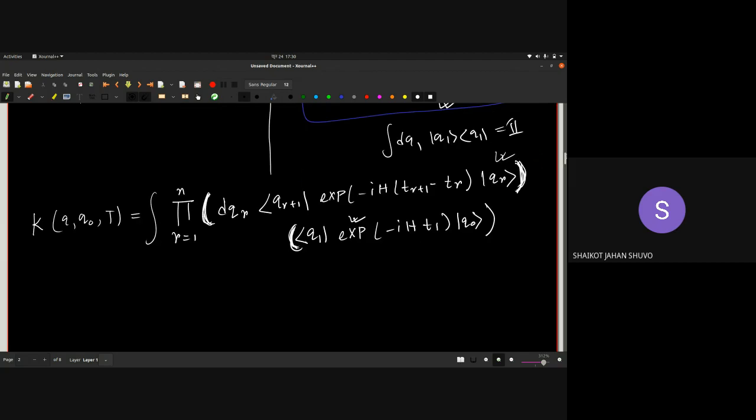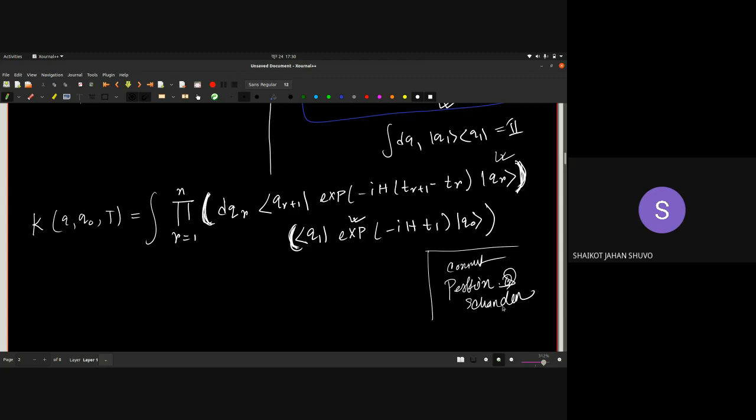Okay, so moving on. Now there is one thing. For our case, we are going to take the difference between these time intervals for all the r's to be the same, but this doesn't have to be the case necessarily, but that would require a more rigorous derivation. If you are interested, you can consult Peskin and Schroeder.